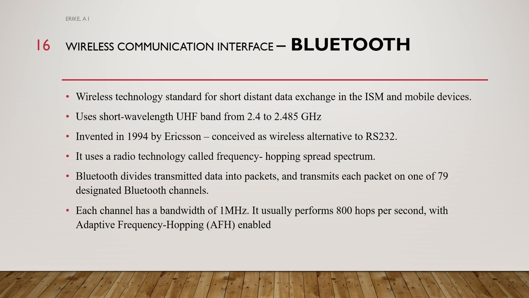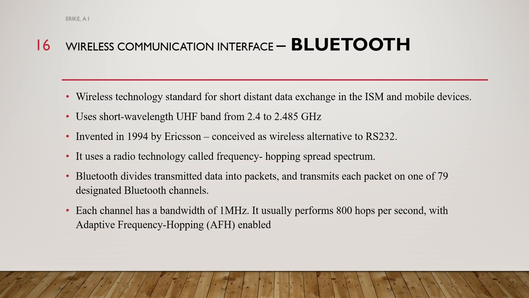When you supply data to be transmitted, the system divides it into packets and then transmits each packet on one of the 79 designated Bluetooth channels. Each channel has a bandwidth of about 1 megahertz and performs about 800 hops per second with adaptive frequency hopping enabled.